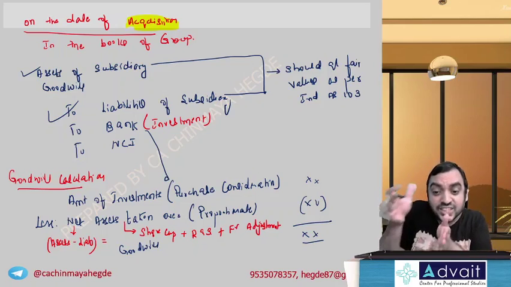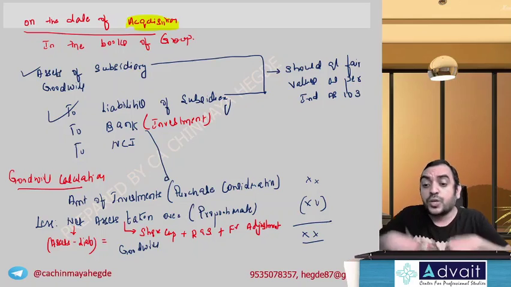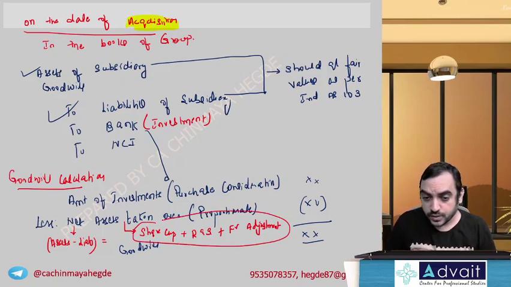In that time, the subsidiary company would have made some more profits. So share capital, reserves and surplus, fair value adjustments are all on the date of acquisition. Let's be more specific.